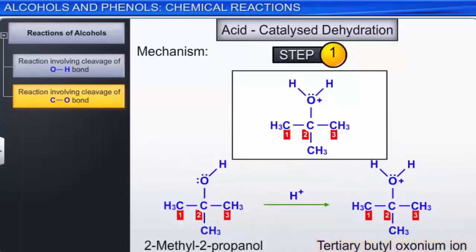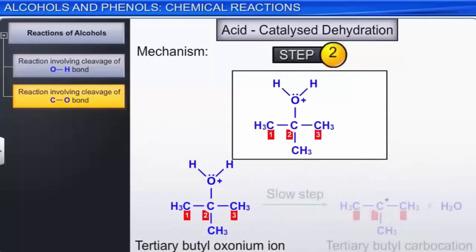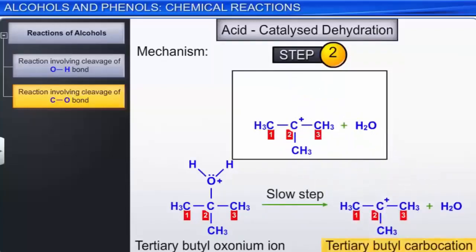This step is a fast equilibrium. The second step of the mechanism is the dissociation of the alkyl oxonium ion to form a carbocation, that is, tertiary butyl carbocation. This is the slow step, or the rate-determining step, of the mechanism.